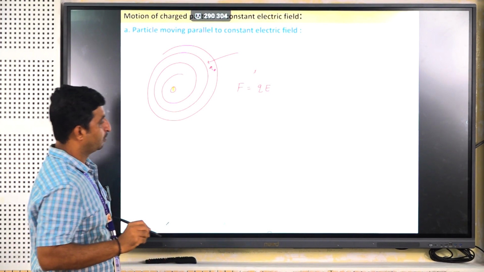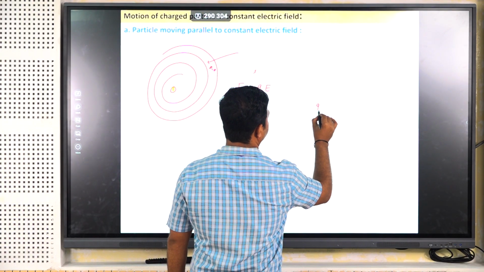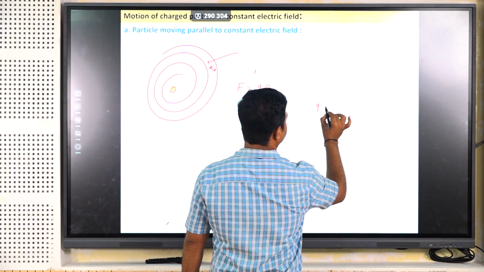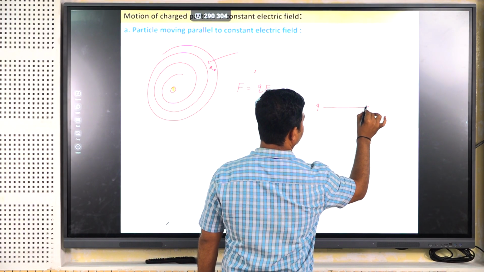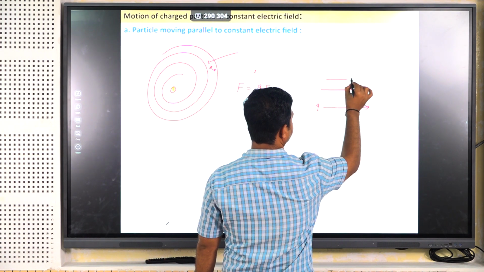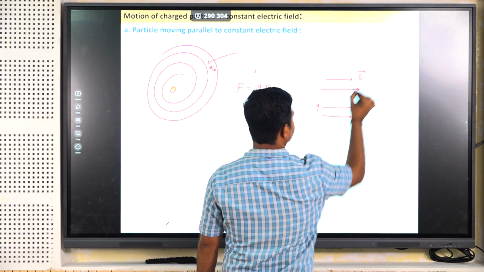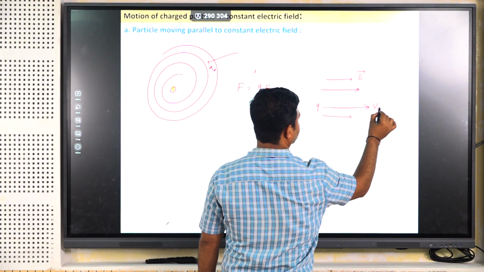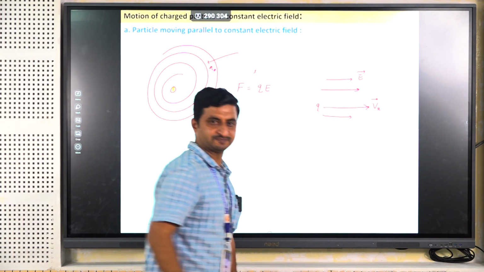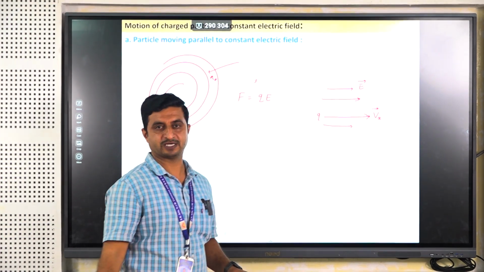So in this topic we have to discuss if any charged particle, let me consider Q be the charged particle, is moving inside the electric field. This is the direction of the electric field, and this charged particle is moving along the x-axis having the velocity Vx. So what is the effect of the electric field on these charged particles?